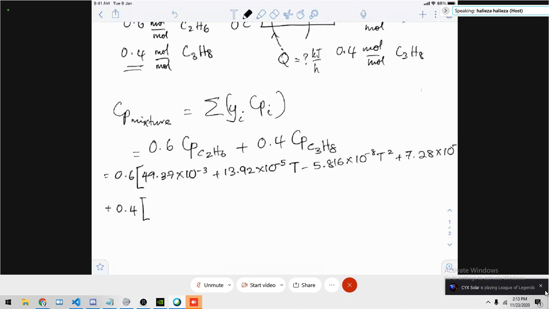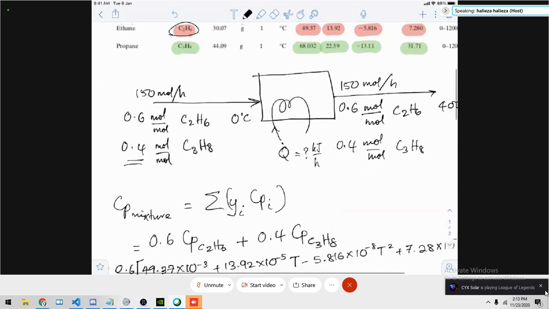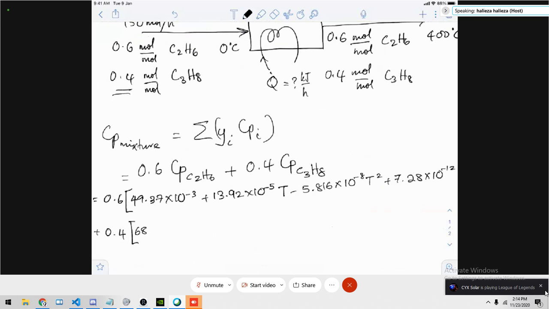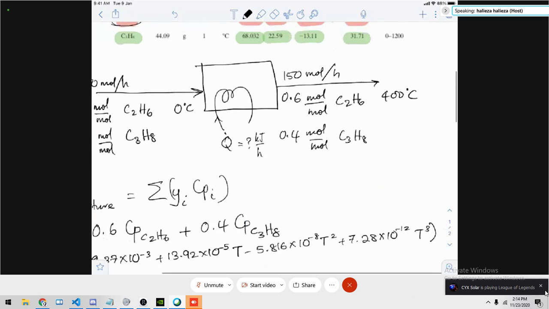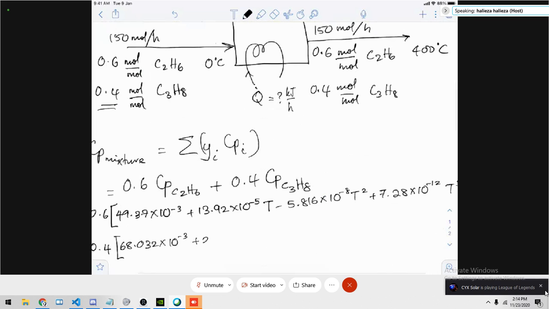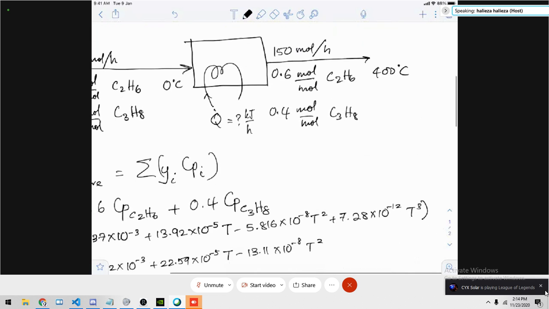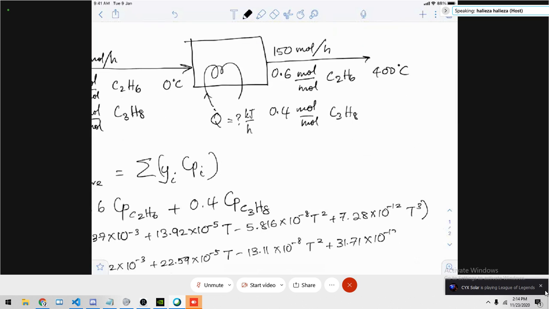So let's look at the values: 68.032 times 10 to the power of negative 3 plus 22.59 times 10 to the power of negative 5, again with the T term, minus 13.11 times 10 to the power of negative 8 T squared, and 31.71 times 10 to the power of negative 12 T cubed.